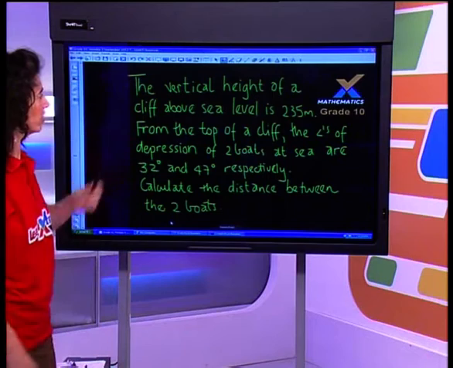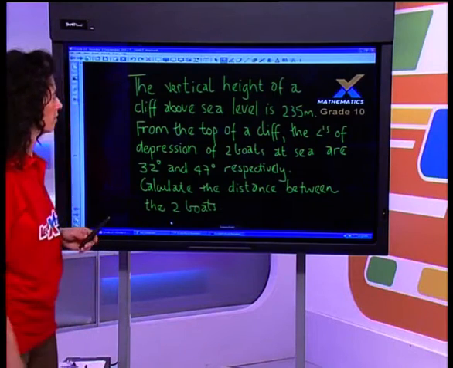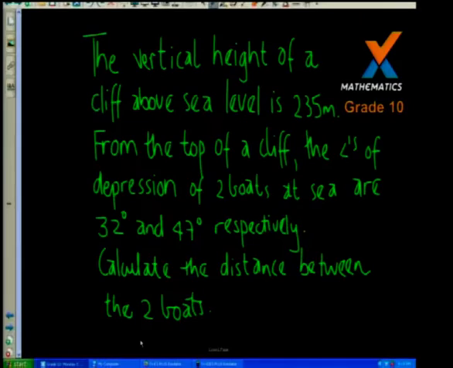We have a vertical cliff, and this vertical cliff is 235 meters. Now, somebody on top of the cliff sees, and this symbol over here is just an angle symbol, angles. So from the top of the cliff, this person sees two boats at sea, and the angles at which he sees the boats are 32 and 47 respectively. And our job is to find out how far are the boats from each other.